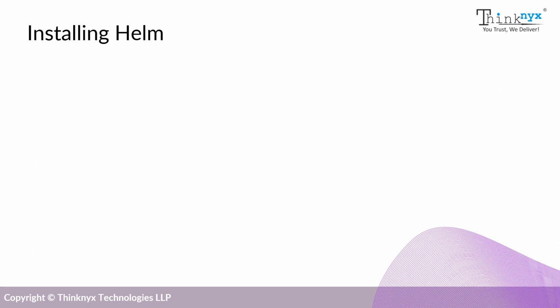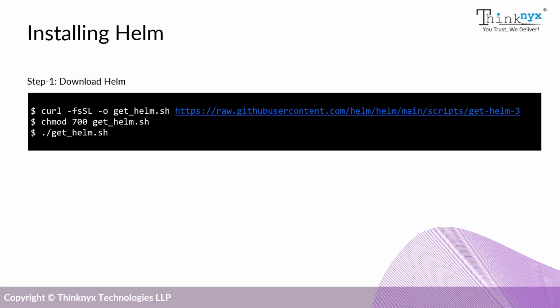Installing Helm is a straightforward process. Here are the steps to follow. We can also refer to the official documentation site helm.sh for details. Step 1. Download Helm. Visit the Helm GitHub release page and download the appropriate binary for your platform. For Linux users, we can utilize the following commands. The first command downloads the Helm installer script from the official Helm GitHub repository.